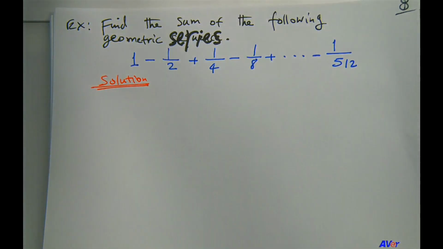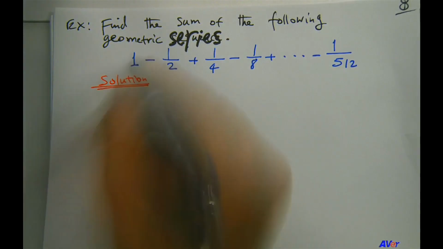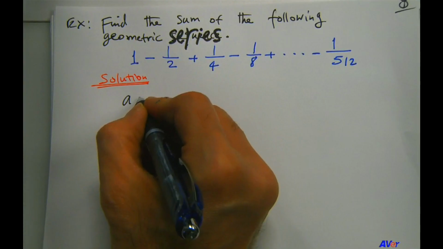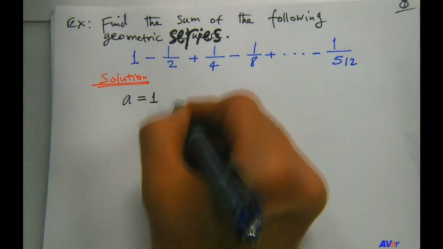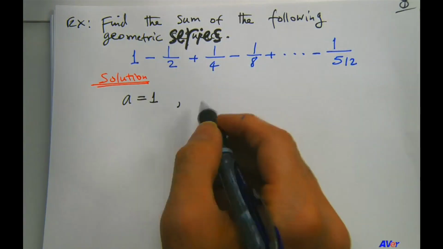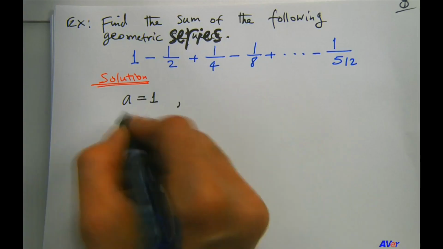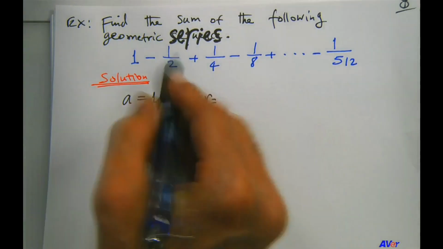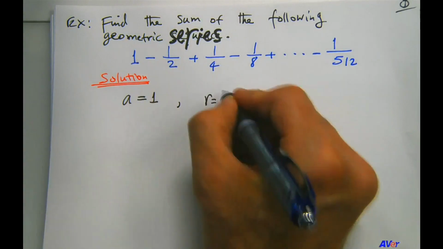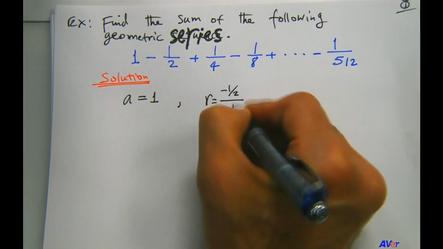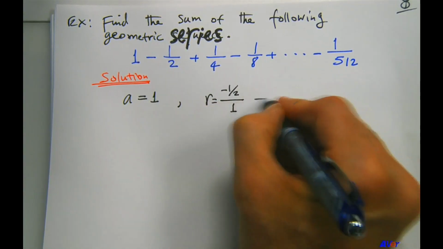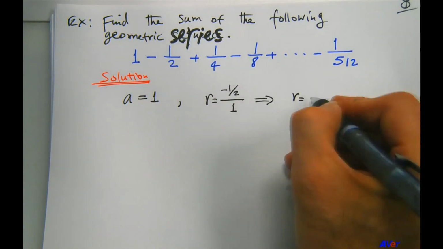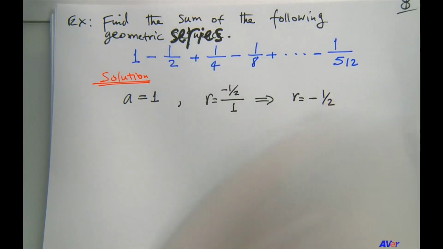The common ratio: we have the first number here is 1, right? Let's find the common ratio. It would be minus 1/2 divided by 1, which means r is equal to minus 1/2, right?